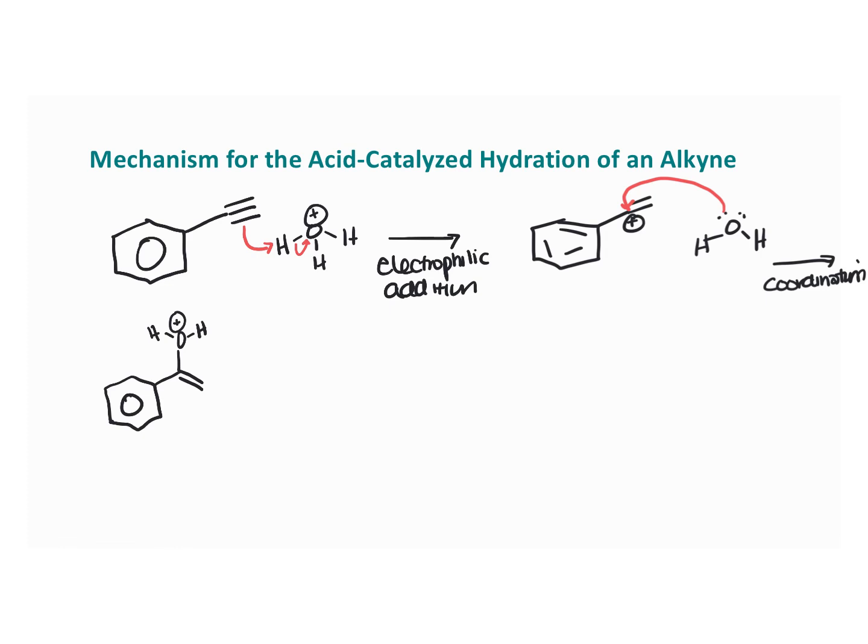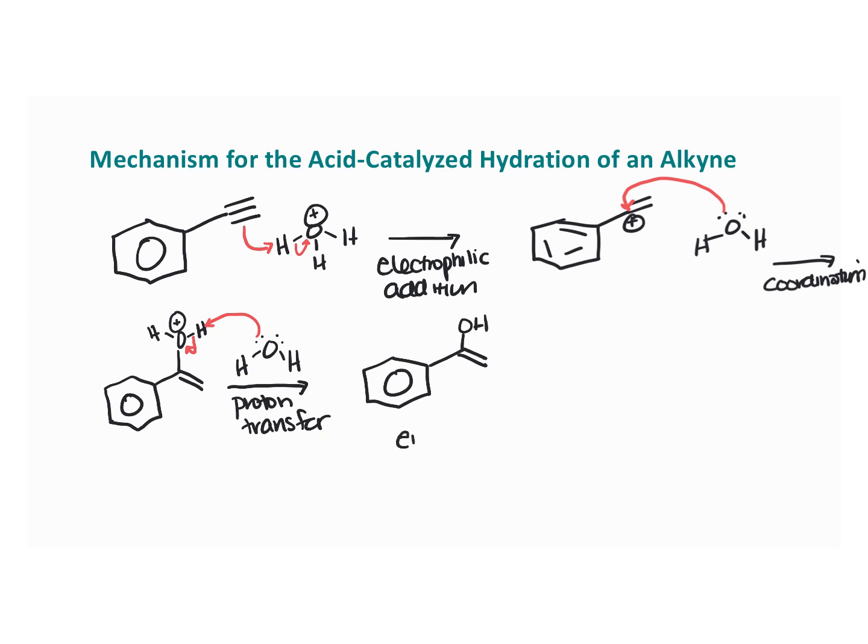We're going to have a proton transfer. So those electrons are going to grab that proton, those electrons are going to go on that oxygen. And now we have an OH, but what you should recognize is this is an enol.